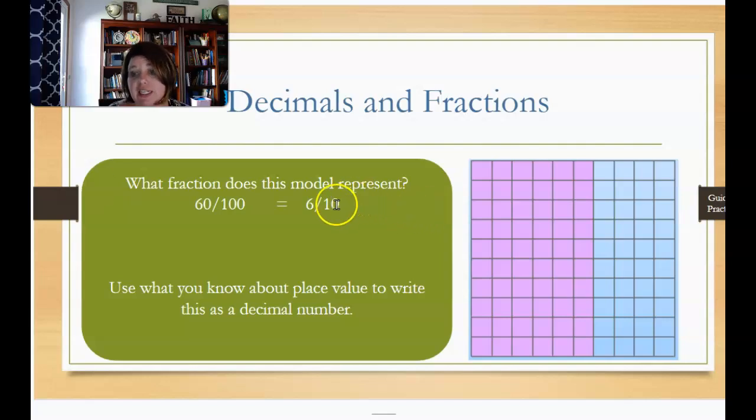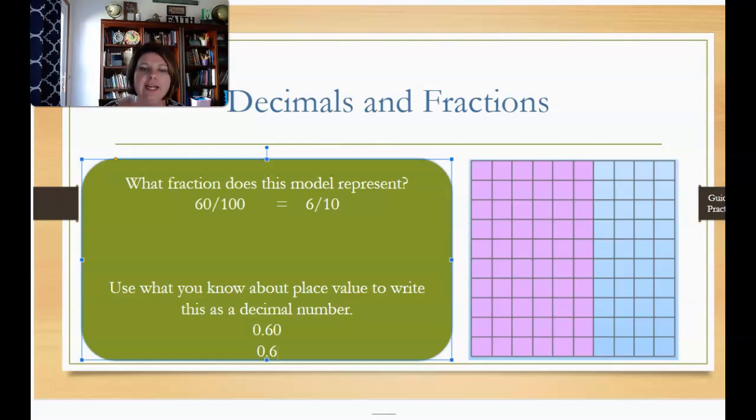It does. So 6 tenths and 60 hundredths are equal. Let's write this as a decimal. 60 hundredths, or we could write 6 tenths because they are both equivalent.